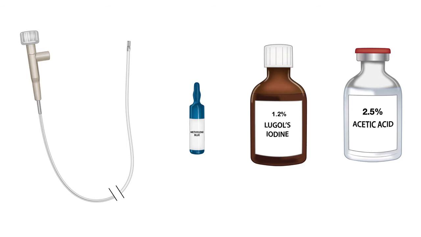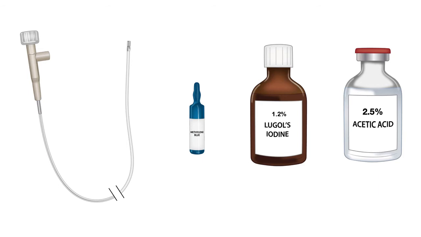And when it comes to the esophagus, we use Lugol's iodine for squamous cell cancer, and we use acetic acid for patients with Barrett's esophagus. You could also use acetic acid to check for subtle serrated adenomas when you don't know how extensive the lesion is. The acetic acid is useful in that condition as well.